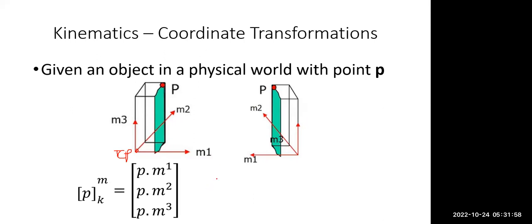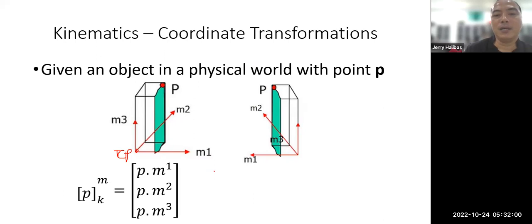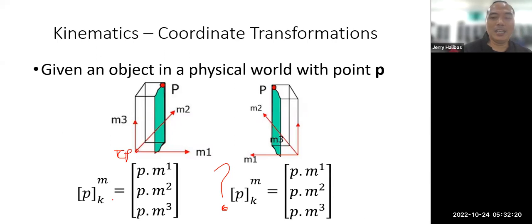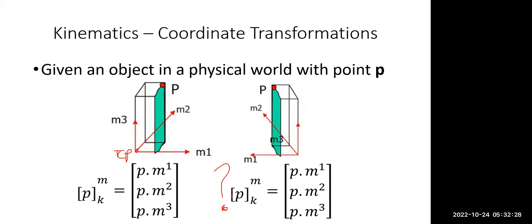The question is, what is now the matrix form of your vector P? It's the same thing, sir, it's just rotated.